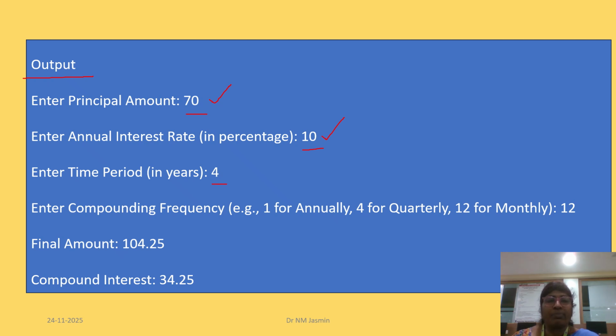Time period I entered 4, and compounding frequency I took 12 for monthly. If you want annually, just give 1. If you want quarterly, give 4. I want monthly, that is the reason I used 12. Automatically the final amount and the compound interest will be displayed from the C program.